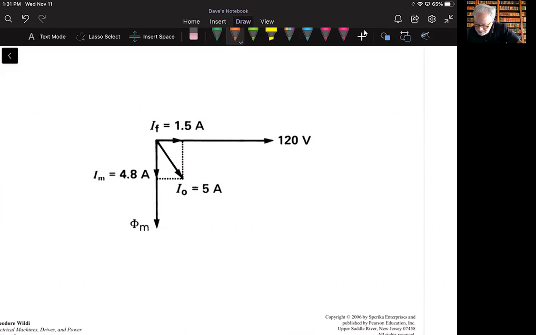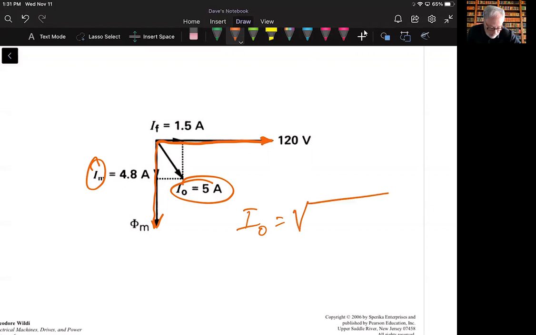Since this is resistive, we see it in phase with the voltage, and this is through an inductor, so it's going to be 90 degrees opposed to that. Then we can do the summing of this, the total current, this I sub O, this 5 amps.